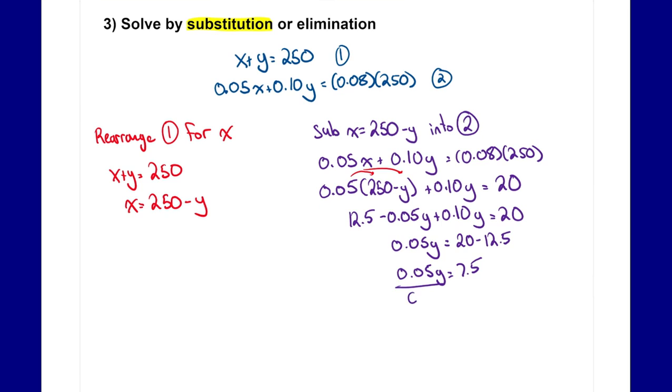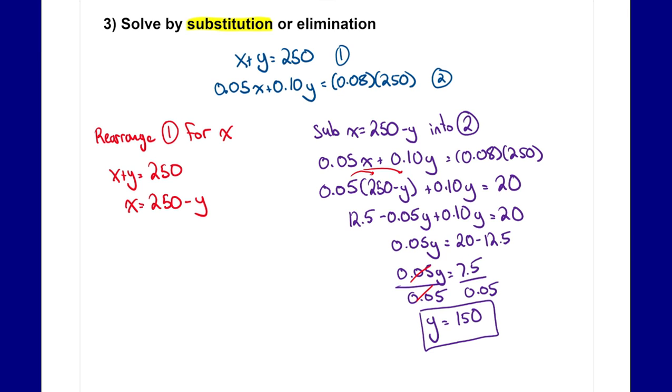And last step is to divide both sides. One side will cancel out. We're left with y is equal to 150.